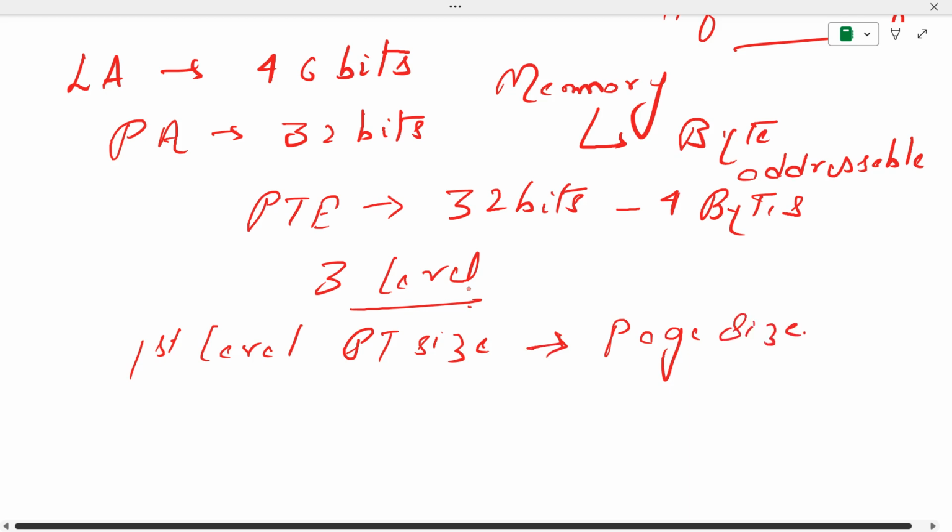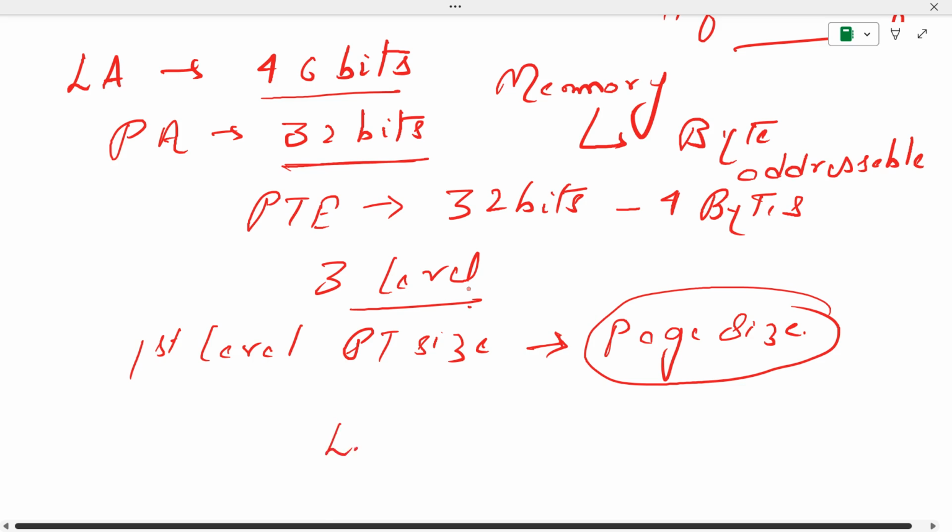Then what is the page size? We already know that page size comes up from here or here. So we need to know in what ratio we have divided the page size. If we have this logical address as 46 bits, then definitely what will be the LAS? 2 raised to the power 46 byte, right?